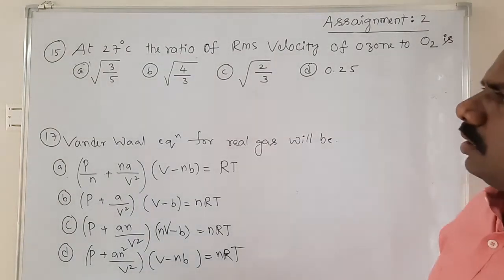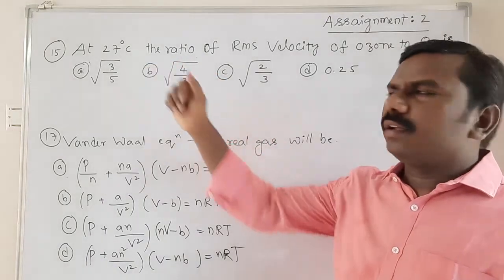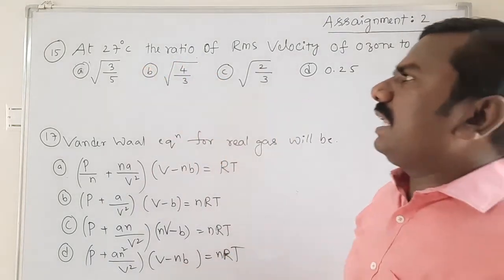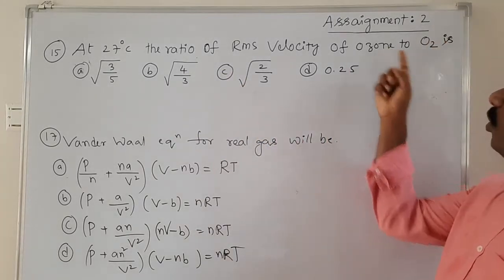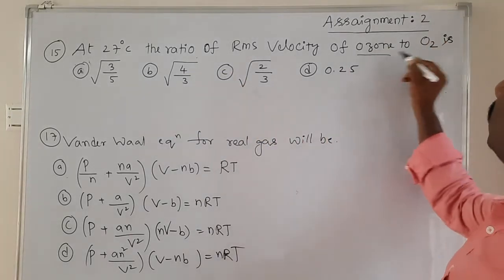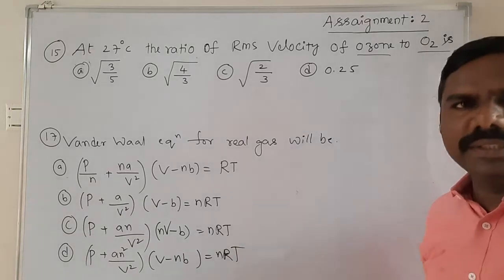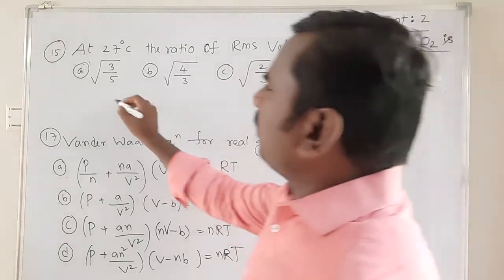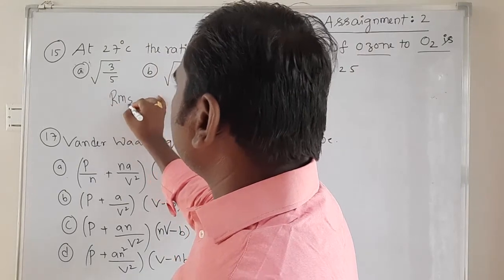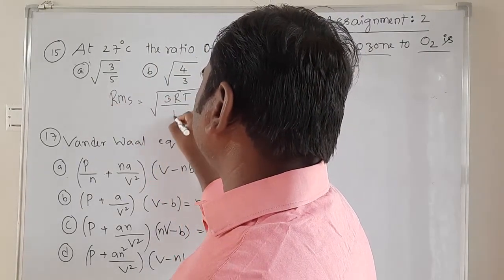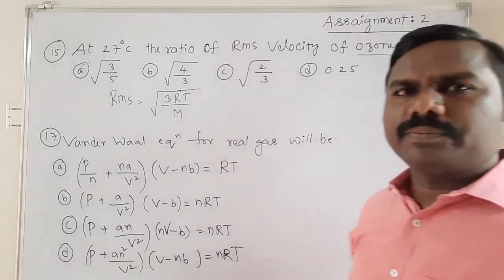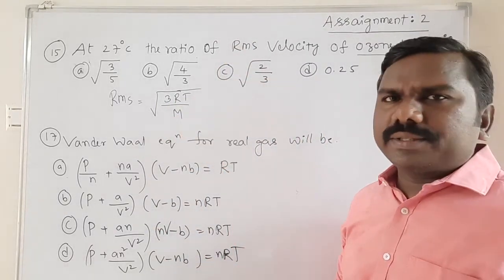Okay students, bit number 15. At 27 degrees Celsius, the ratio of RMS velocity of ozone to oxygen. The formula for RMS velocity is equal to root of 3RT by M. M is molar mass.